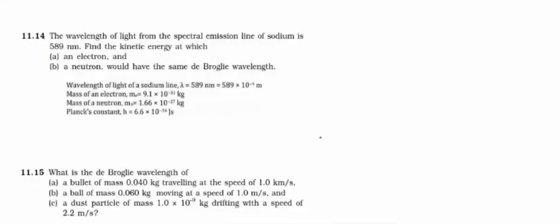Then question 14. The wavelength of light from the spectral emission line of sodium is 589 nanometer. Find the kinetic energy at which an electron and a neutron would have the same de Broglie wavelength. It means de Broglie wavelength is given in the question.